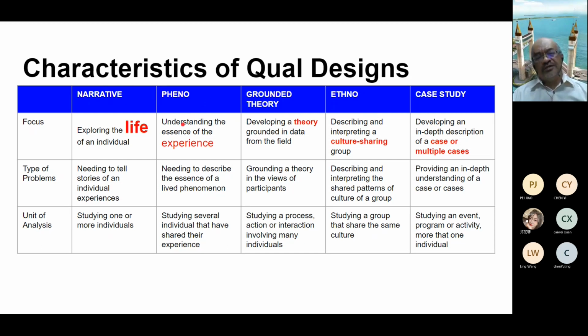What about grounded theory? You might get scared when you see the word theory. How can we make a theory? I am so small, I can't afford to make a theory. Yes, you can, if you specialize in doing qualitative research, and you will know how to do it. Grounded theory is about developing a theory grounded in data from the field.